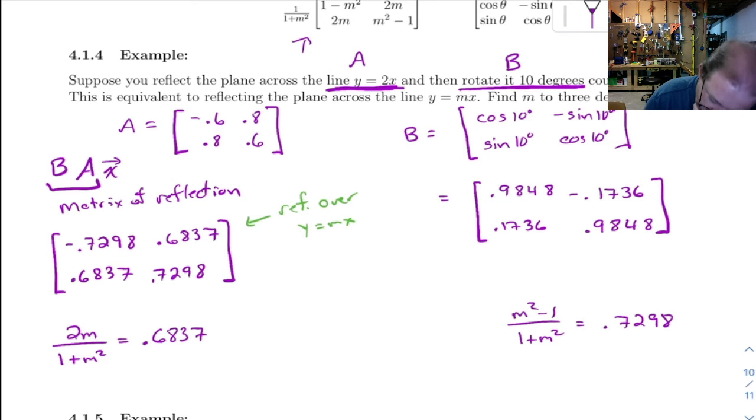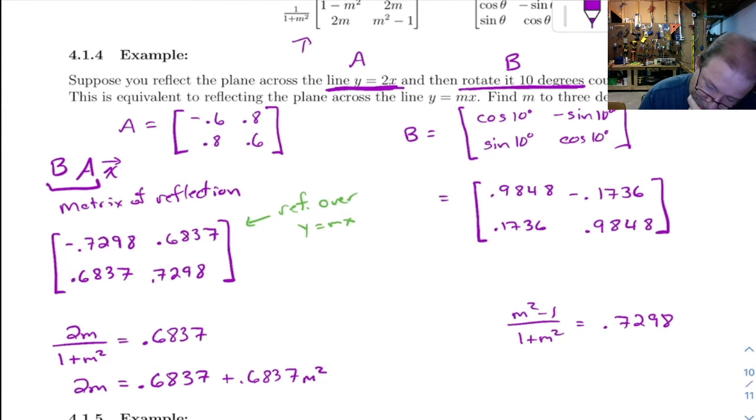Now, if I multiply this out, this is going to give me 2m is 0.6837 plus 0.6837 m squared. This over here is going to give me m squared minus 1 equals 0.7298 times 1 plus m squared.